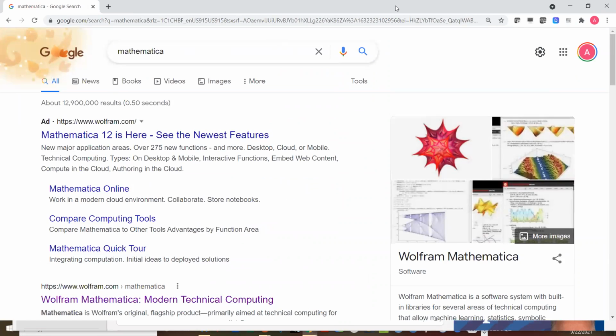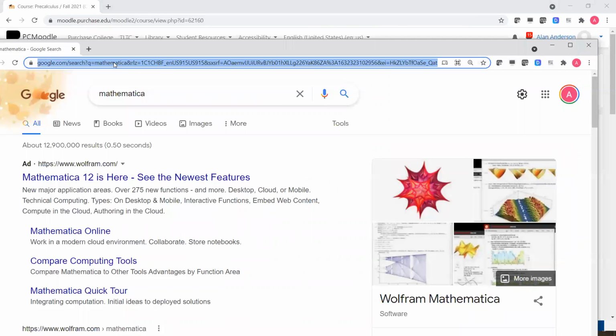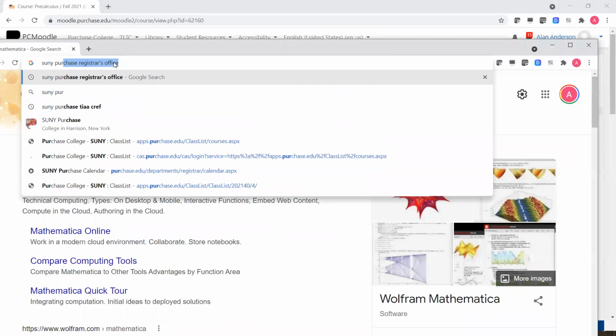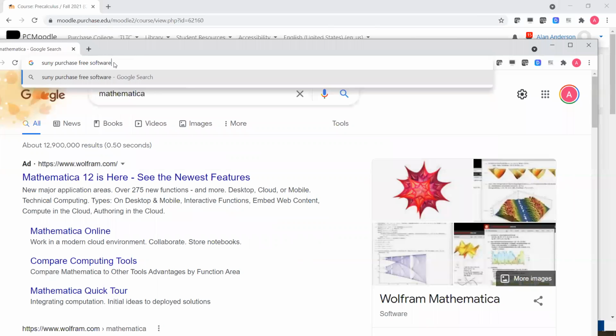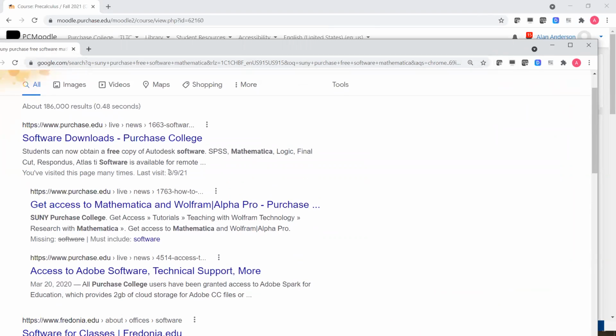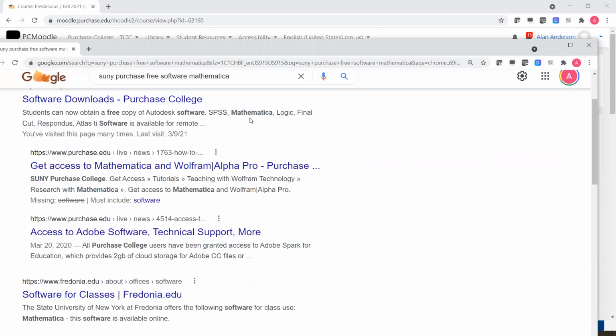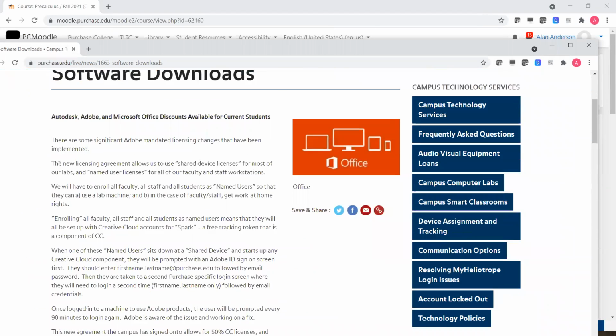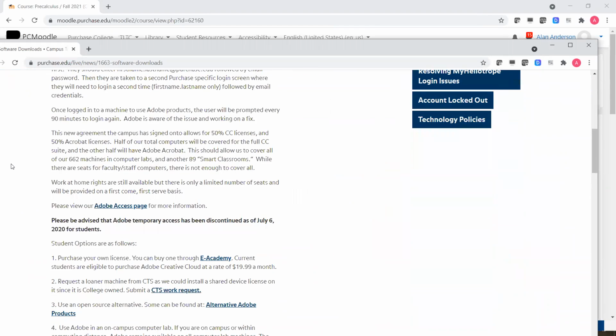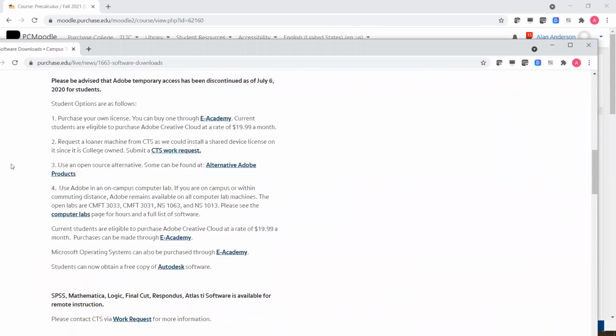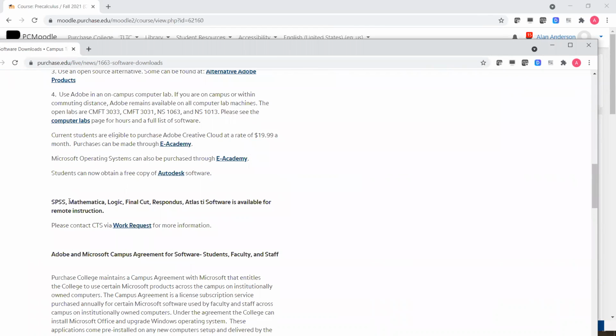Because you're at SUNY Purchase, you are able to get a copy of Mathematica for free. All schools do this. They all have a bunch of software that they've made deals with a software company. The thing is, Mathematica is happy to do this.